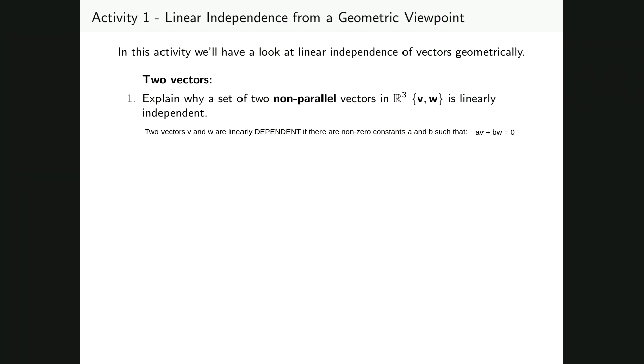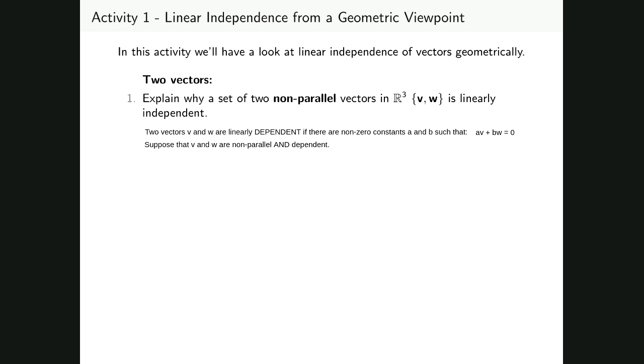Okay. So let's suppose that we've got two non-parallel vectors, and that these are non-parallel and dependent. Okay, so if we're non-parallel and dependent, we get a relationship like this.